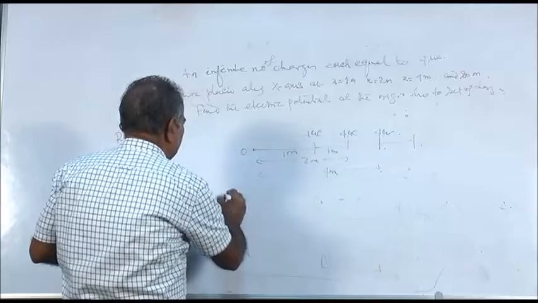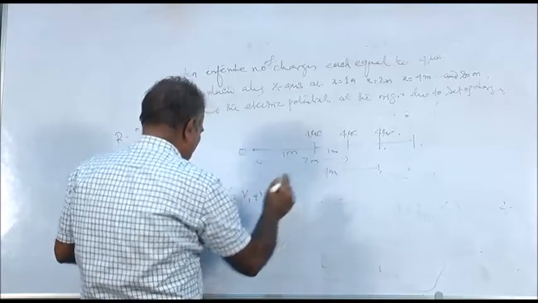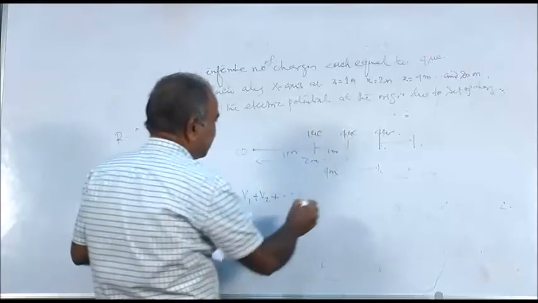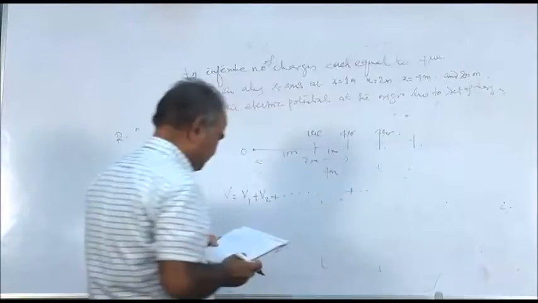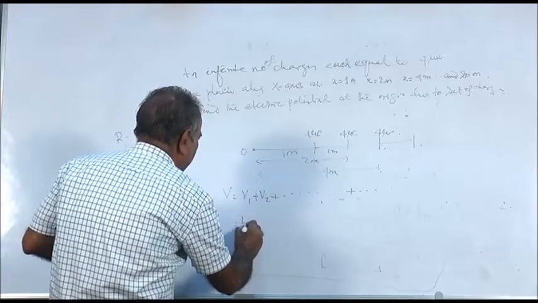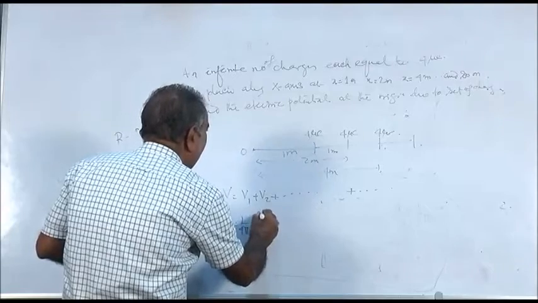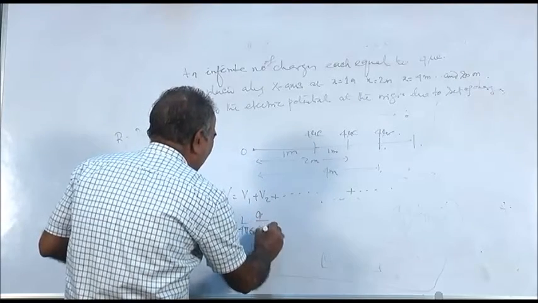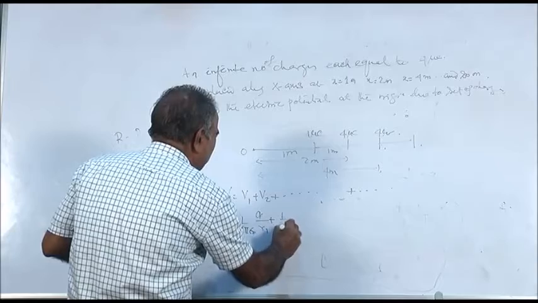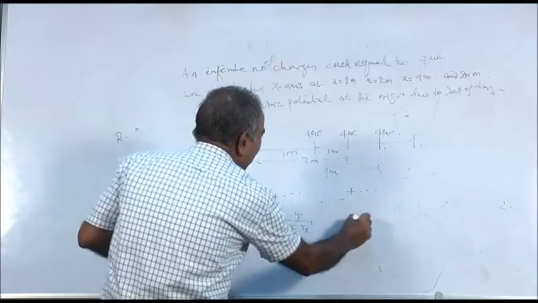So total potential at this point, due to all the charges, infinite number of charges are there, will be equal to V1 plus V2 up to infinity. This V1 is 1 by 4 pi epsilon 0 Q by R1, and this is 1 by 4 pi epsilon 0 Q by R2, up to infinite.